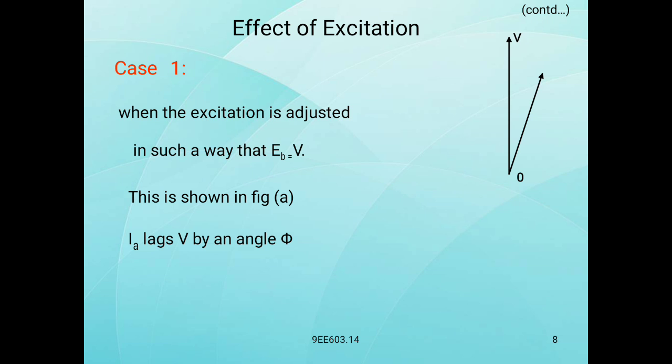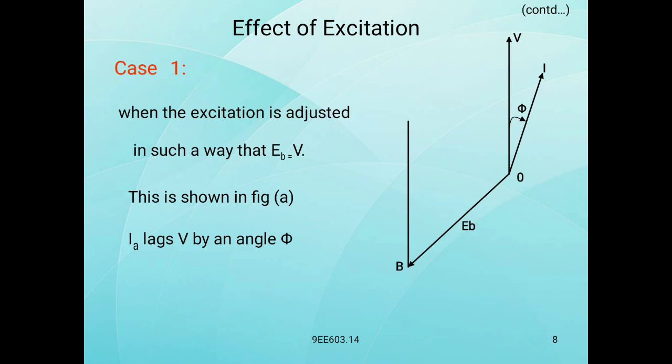Here this arrow is showing the current I, and the angle between V and I is the phase angle phi. Now this is the back EMF voltage EB, and it lags with some angle alpha, which is called the load angle.